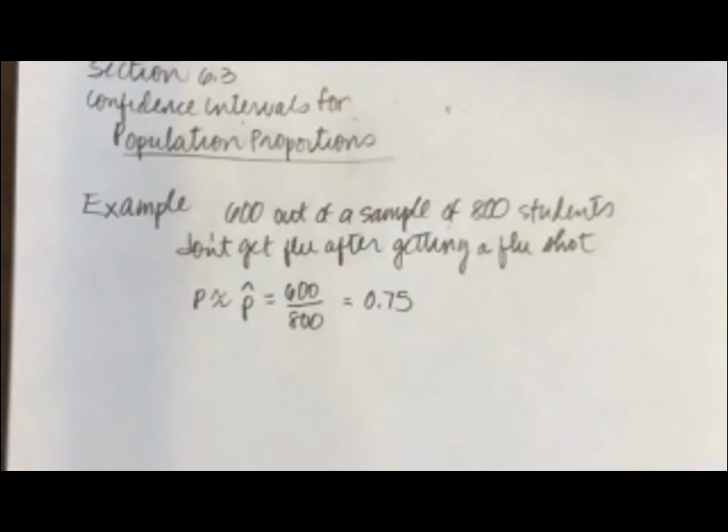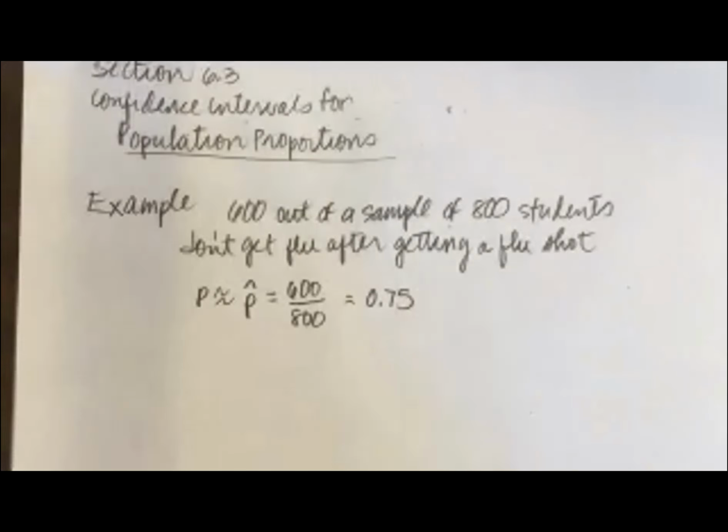So 75% of the people in our sample who got a flu shot didn't get the flu. So it worked 75% of the time. And so we might estimate the population proportion the same way. We'd say, okay, great, I'm thinking that 3/4 of everyone would have a successful flu shot.